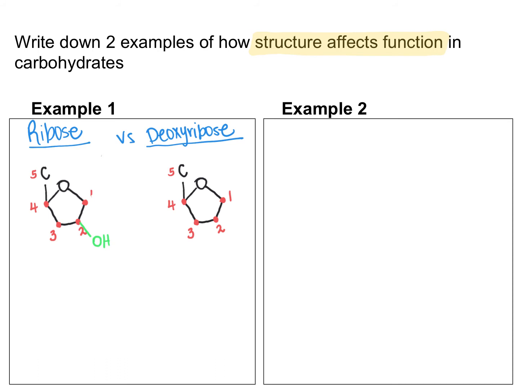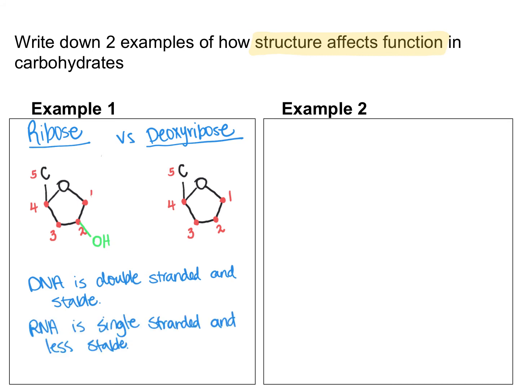Deoxyribose, where you normally see DNA, because it's lacking that group here, is double-stranded, and it is very, very stable. RNA is found single-stranded and is usually not stable.